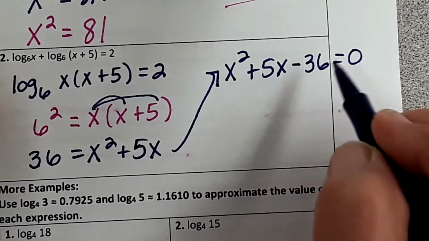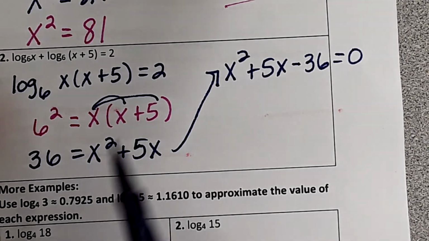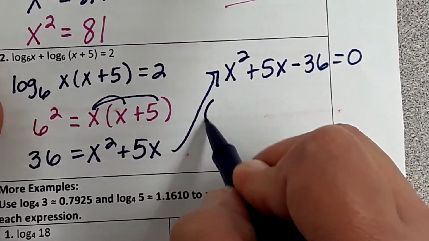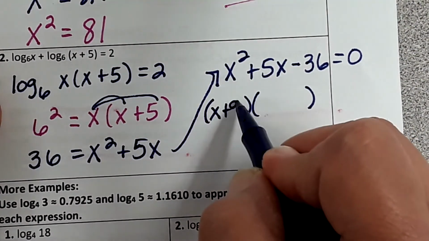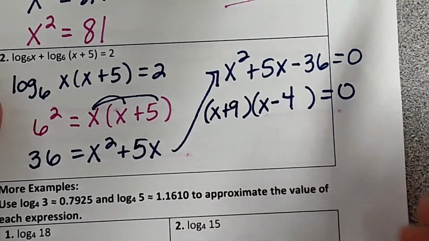Now we have to factor this. So again, you guys, I multiplied it, I have to factor it. What are two numbers that when you multiply, you get negative 36, and when you add them, you get positive 5? Positive 9, negative 4. Let's make sure.